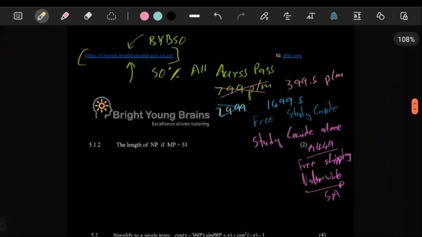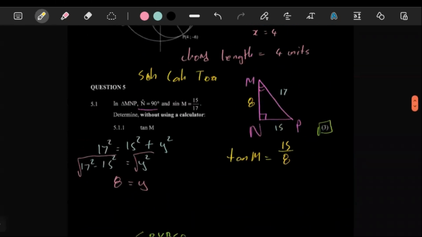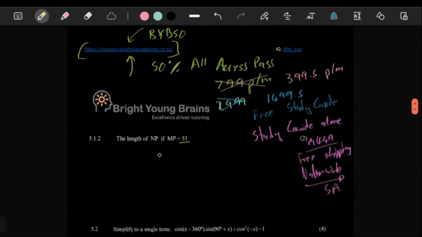So with the next question, they said give the length of NP if MP is 51. What?